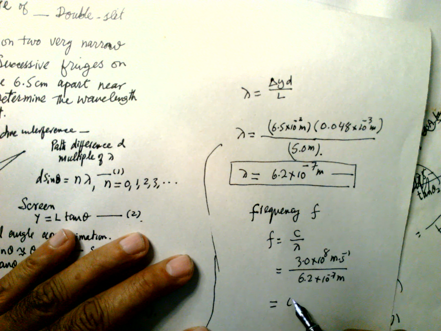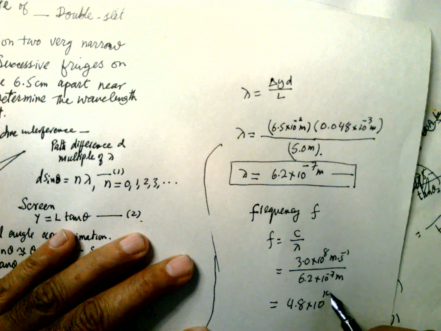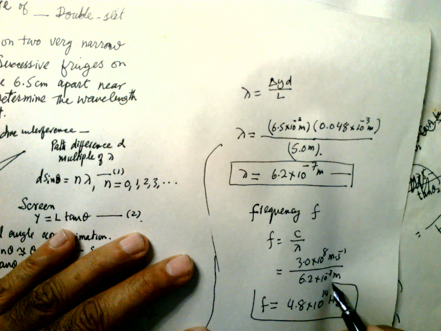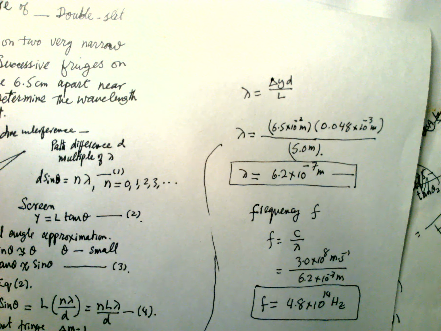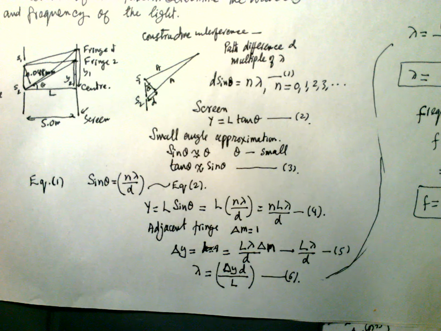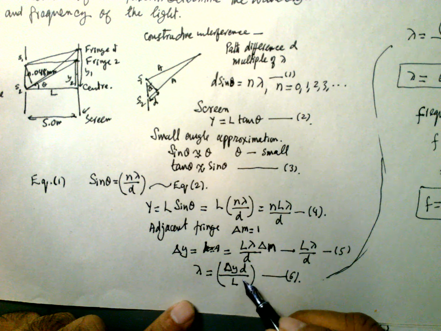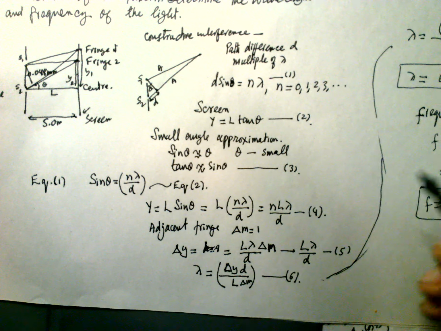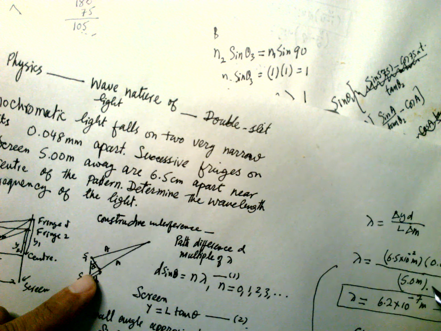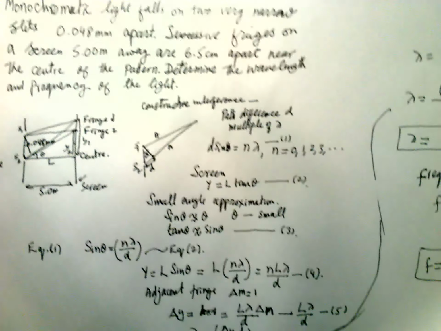So the frequency is 4.8 into 10 to the power 14 hertz. So this is the frequency and the wavelength, and we used these formulas. Here is the delta m; you can substitute this, and we can generalize this with delta m, and here delta m is equal to 1. So this is the answer to this question.